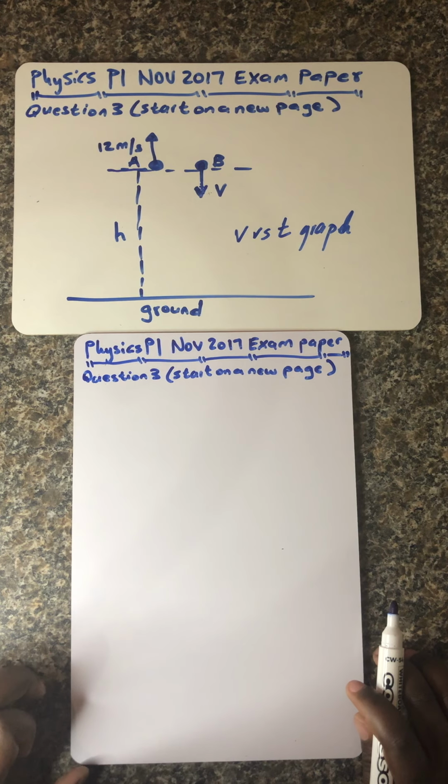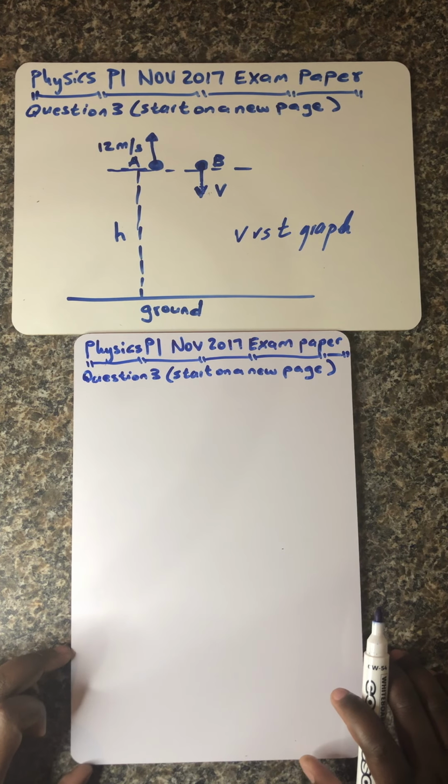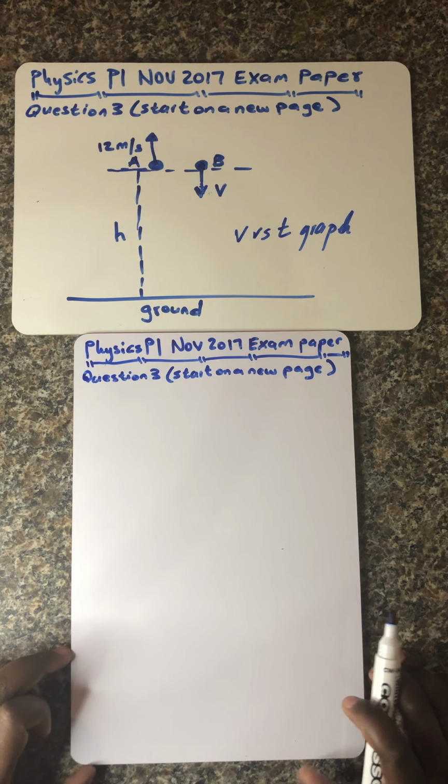So for you to be able to draw this velocity versus time graph, you need to have a full understanding of what was going on with those two stones. And again, your graph should easily reflect the situation, and you should be able to easily interpret your graph.